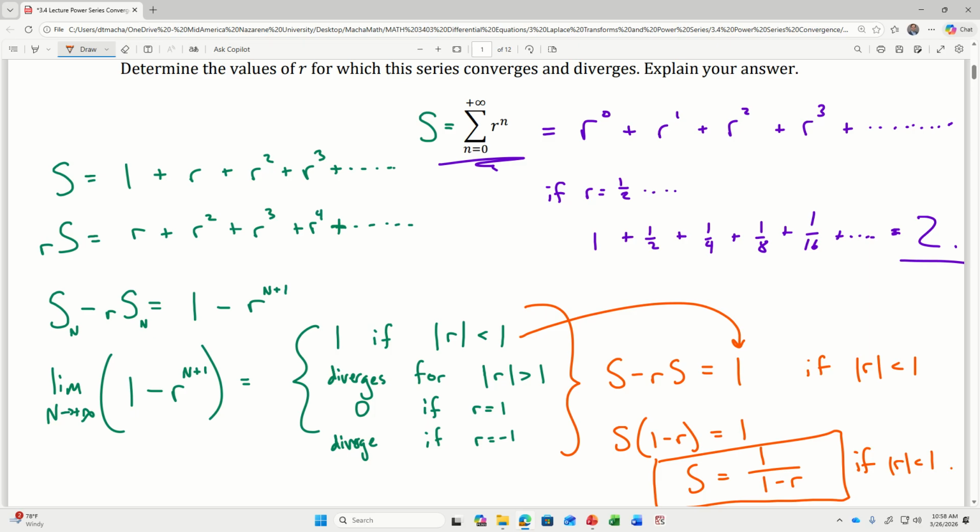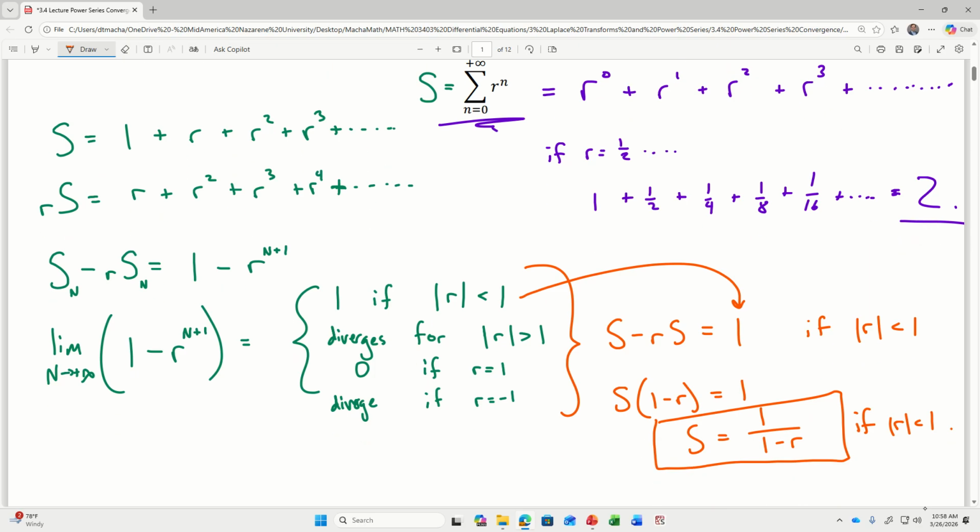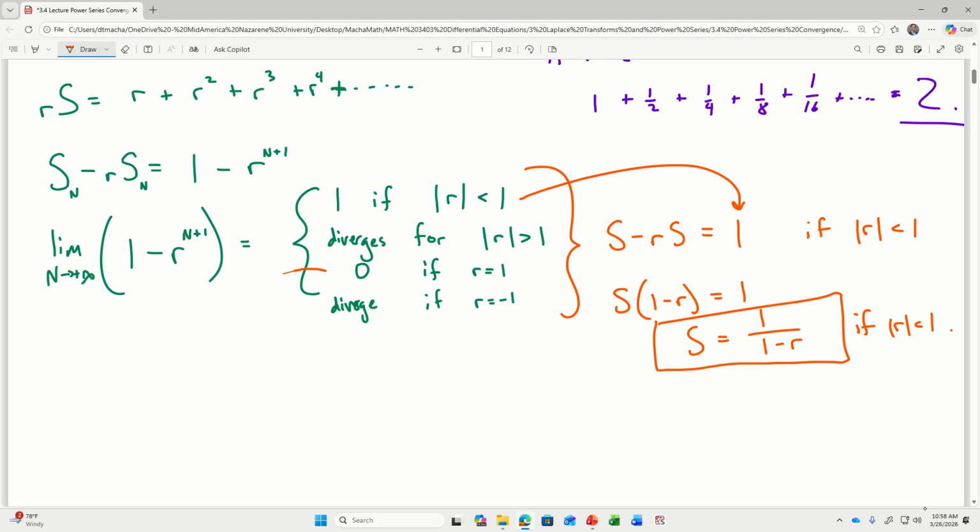I wonder what happens in that third case where we said that this limit is 0 if r is equal to 1. Well, if r is equal to 1, then s minus s is equal to 0, and this tells us nothing.